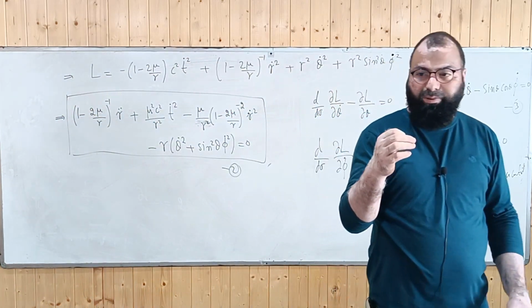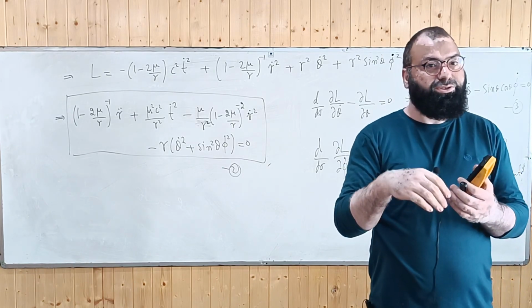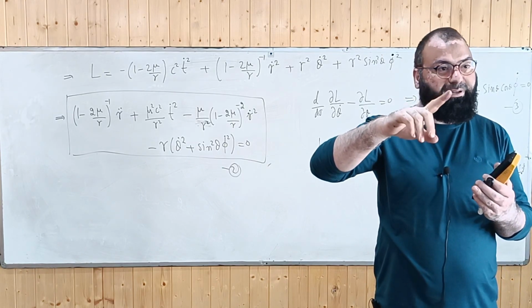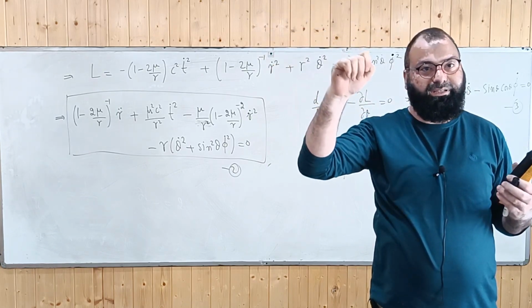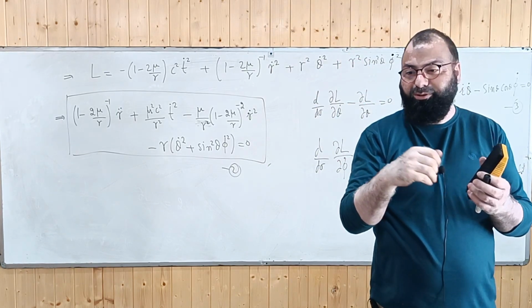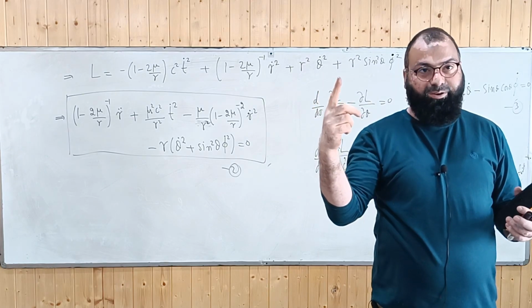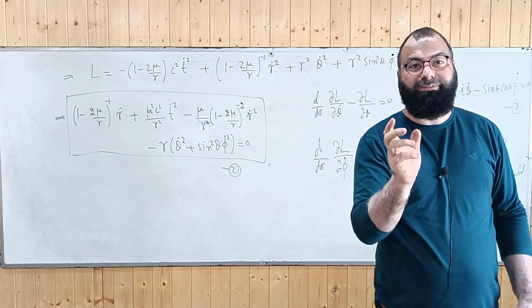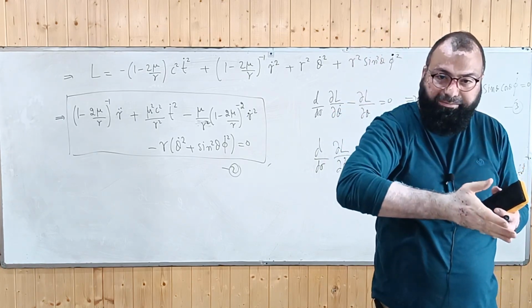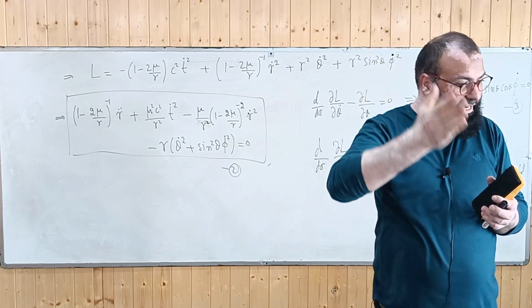You cannot choose a t or an r, because wherever you go you will be at a distance r from the body, and attached with a time. But what you can fix is the angle at which there is a free fall, both theta and phi.